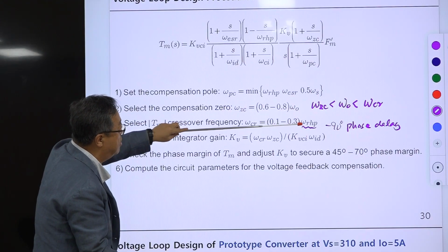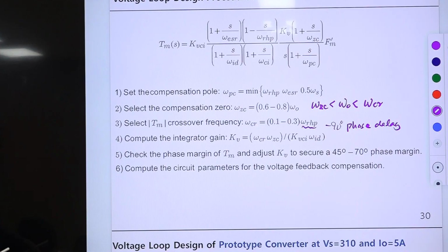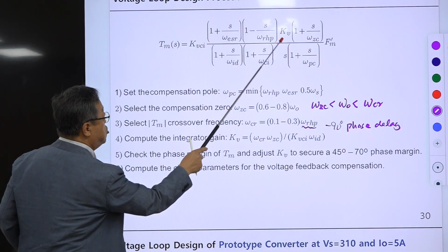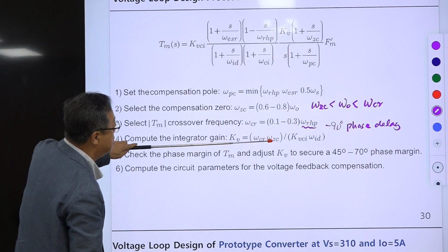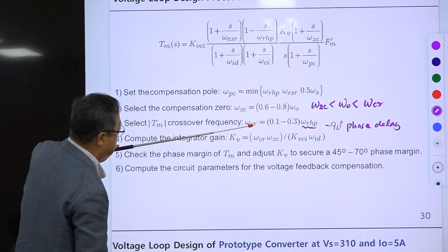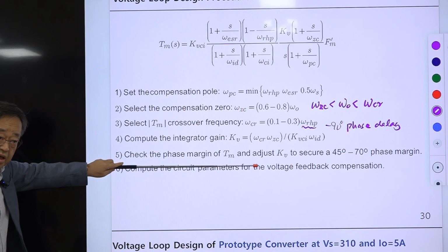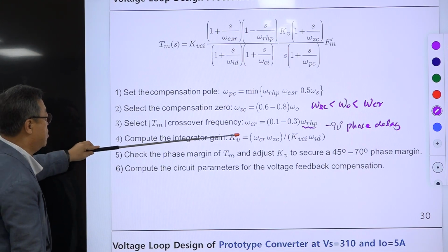Then you will have a good design in general, except for special cases. 99% of the time the design will be very good. And finally, this is determined, and to determine this, you already selected this, then you select this, you decide this, then this naturally comes out with a simple algebraic equation, just division and multiplication will give this number.